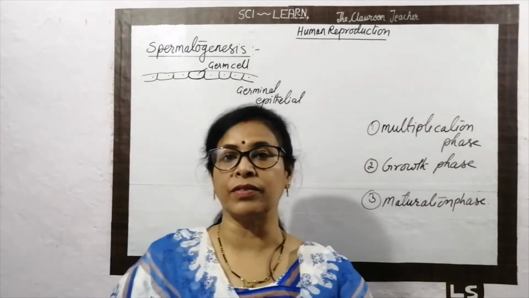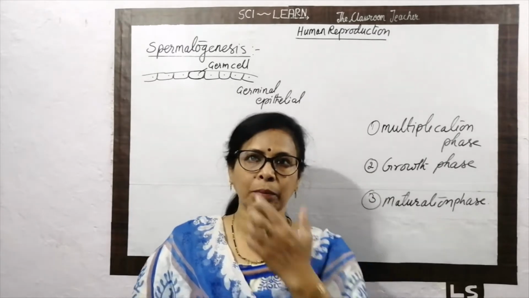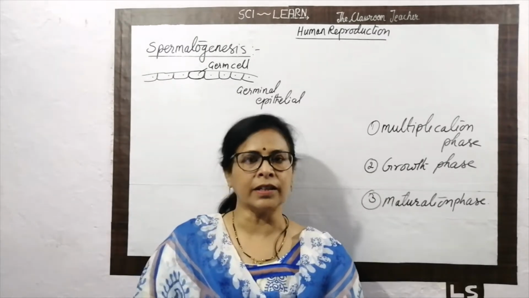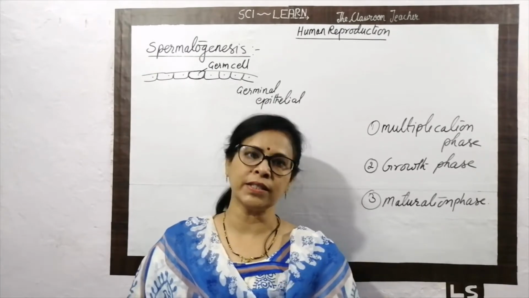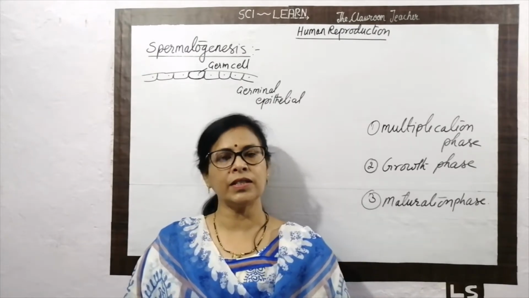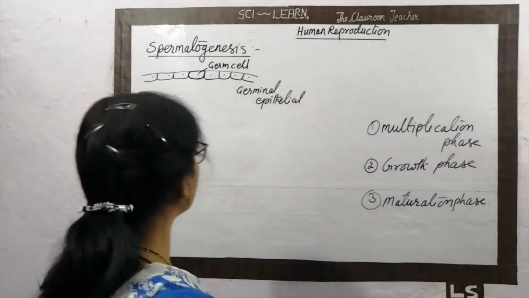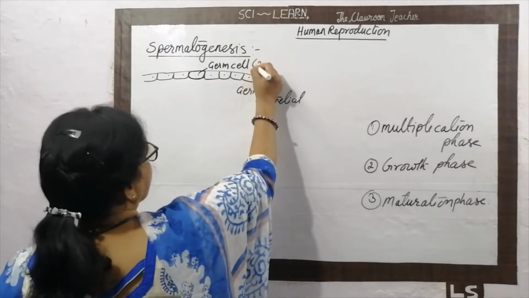It is very much clear from the name only: multiplication means the increase in the number of cells. And what type of cell division is responsible for increasing the number of cells? That is simply mitosis. By mitosis, this germ cell increases the number of cells. The germ cell is diploid in nature, it is 2n.